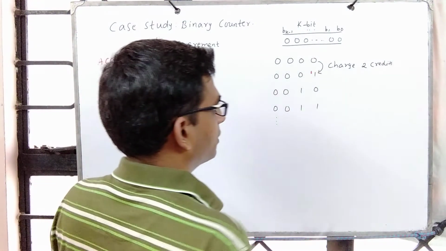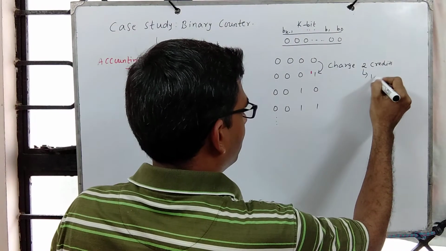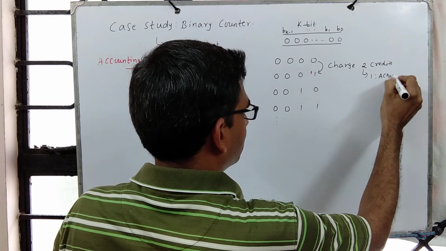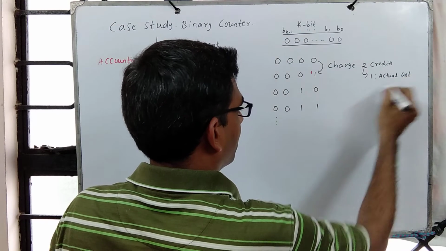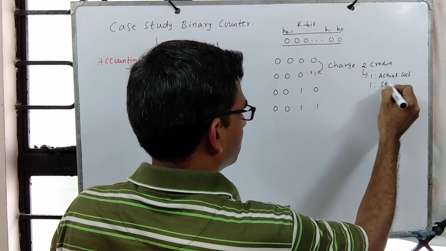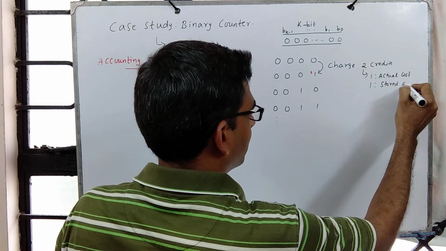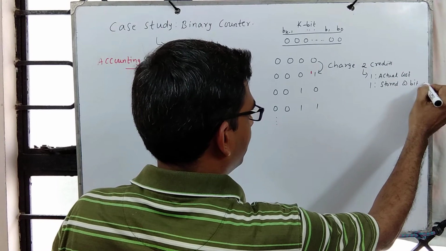So of which 1 is the actual cost and another one is stored at bit 1.